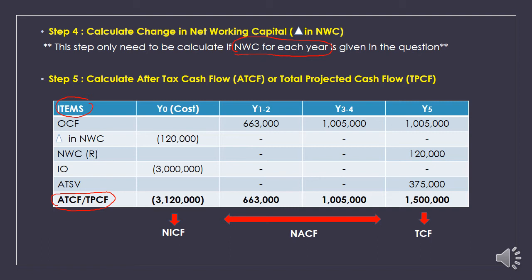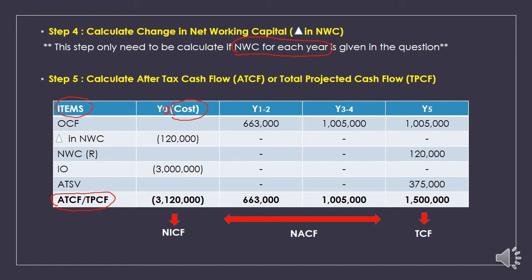After all items are included here, we move to the next columns. We will start with year 0. Year 0 here represents cost. Then continue with year 1 until year 2, and then year 3 until year 4, and the last column is year 5.